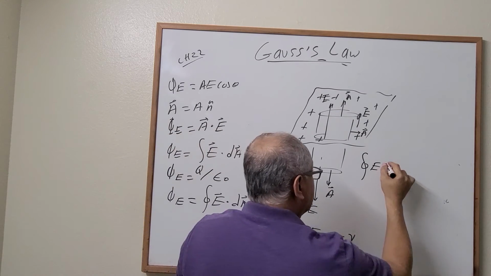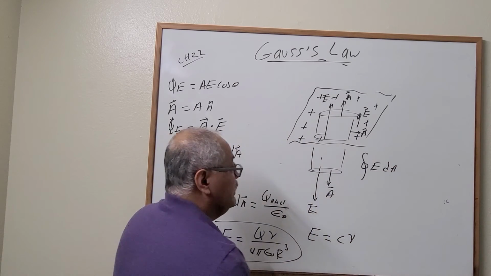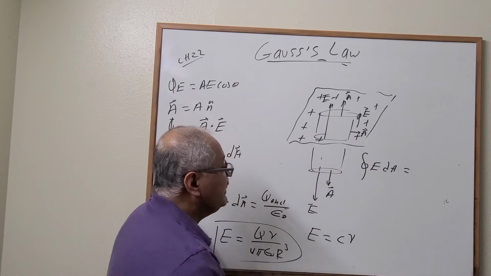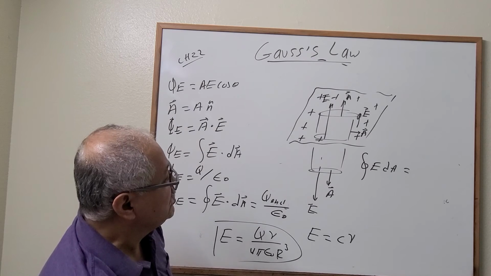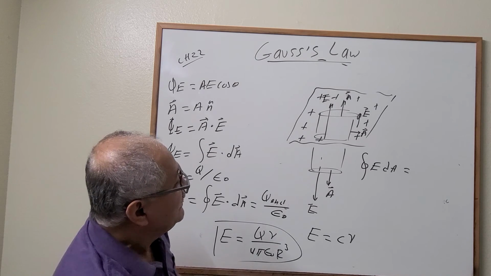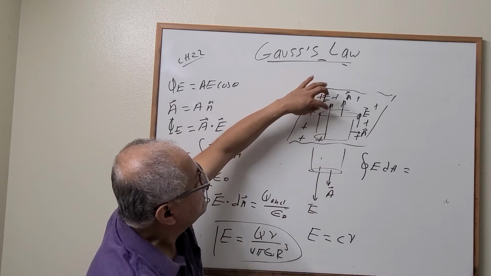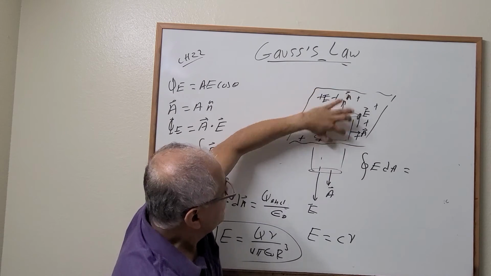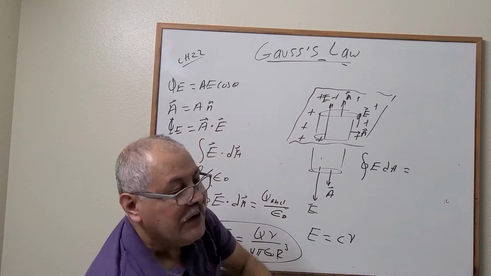Okay, let's do it. So then the integral for this quantity. Well, in this case, we can see that this is equal to this product, right? But you can see these two surfaces are related to the flux.